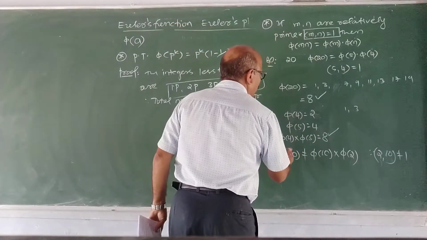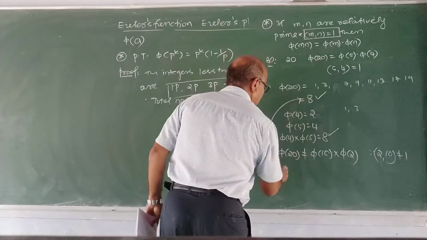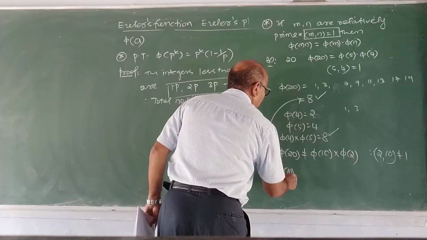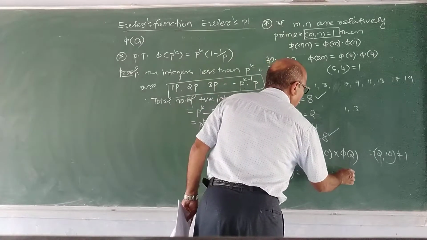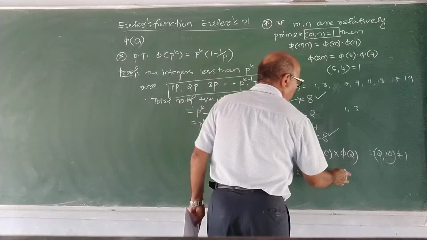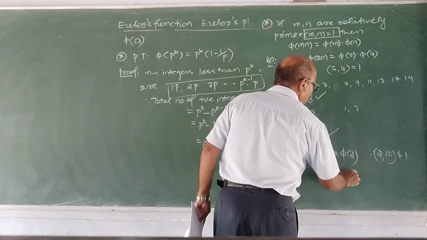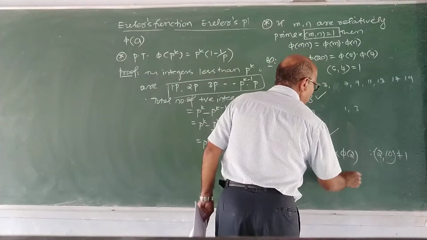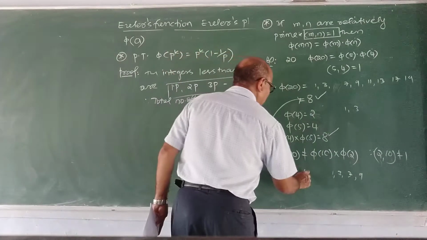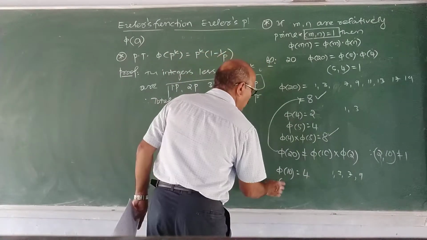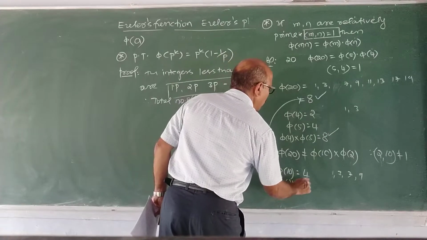I verify this. What is phi of 20? 8. Take phi of 10. What is phi of 10? 1, 3, then 4, 5 are not relatively prime, 6 is also not relatively prime, 7, 9. 9 and 10 are relatively prime. So phi of 10 is 4. What is phi of 2? Phi of 2 is 1.